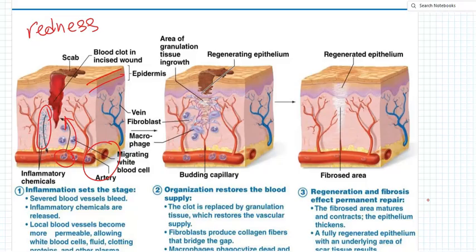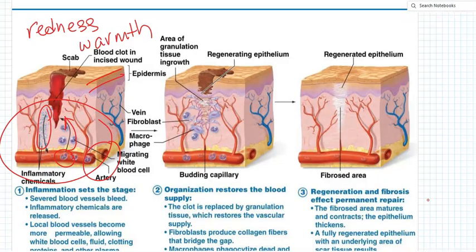The cells start killing stuff, and these cells that kill the stuff, they're really metabolically active. So they generate a lot of heat locally. So the second sign is warmth. Increased blood flow pushes plasma from your blood into the tissues here.